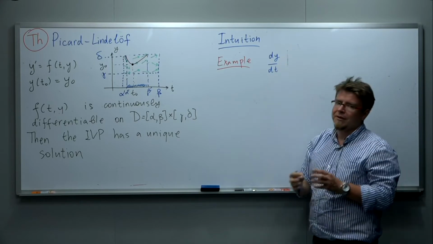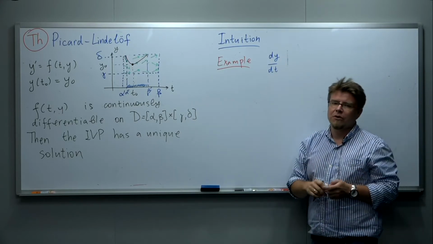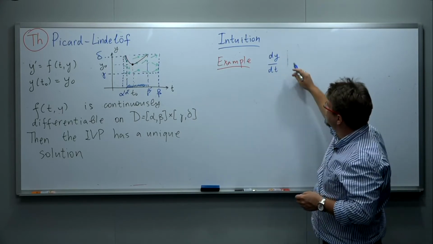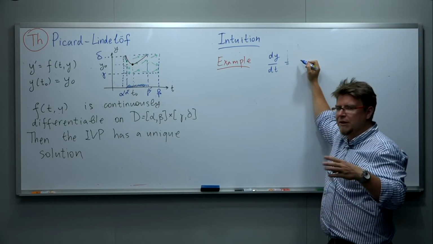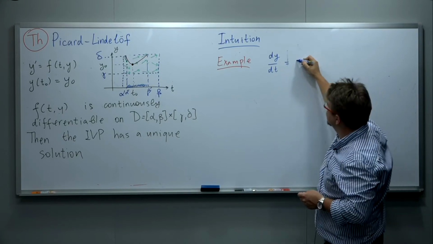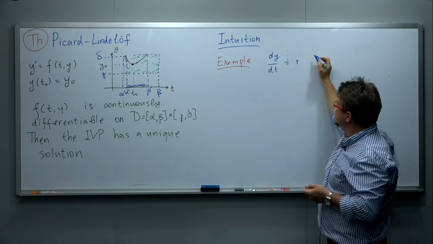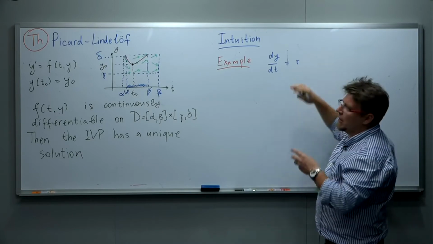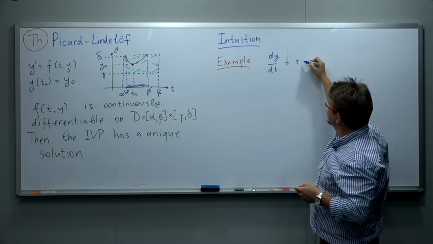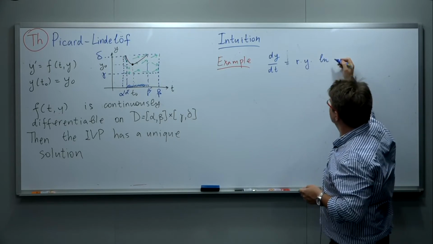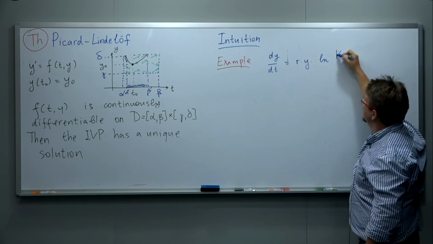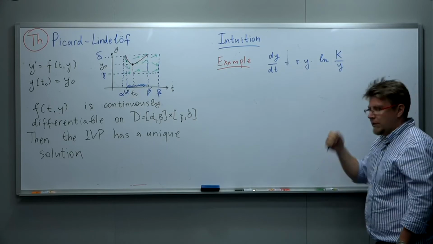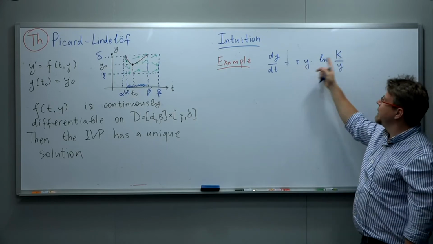If y of t is the mass or the size of the cancerous tumor, then it is something like the logistic differential equation. It has two parameters, the intrinsic growth rate and the carrying capacity, but it's a bit different. It's r times y times logarithm of k over y, where r and k are parameters.